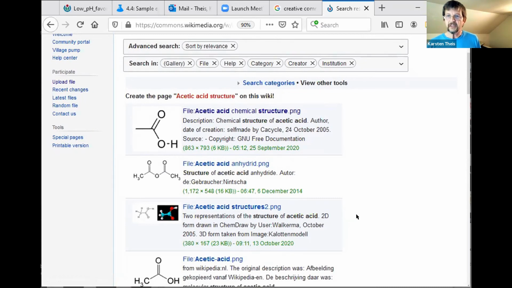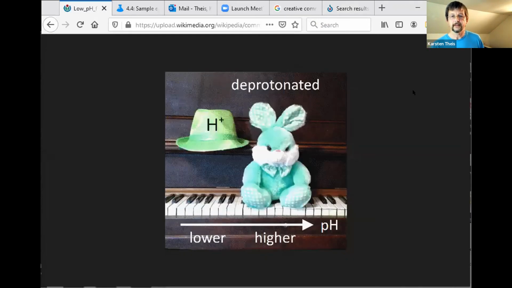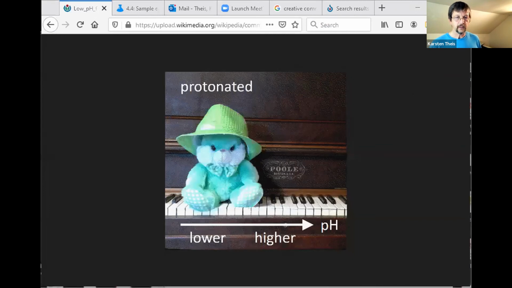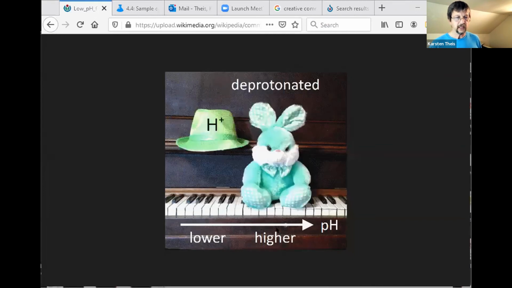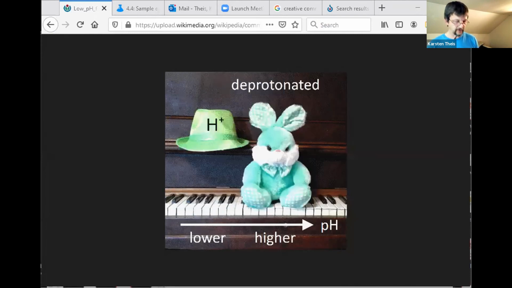Okay, this was my quick show and tell. Again, are there any questions that you have about this topic, finding figures? And if you're interested in the other aspect of this, which is making figures, you're welcome to watch that 10-minute video for the Open Ed conference that I made.